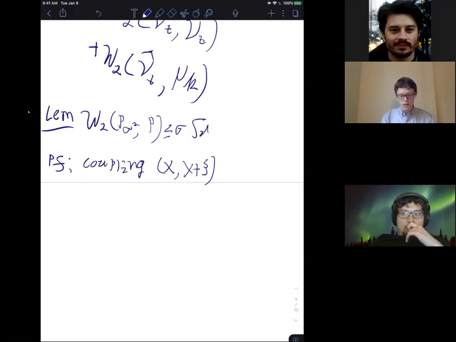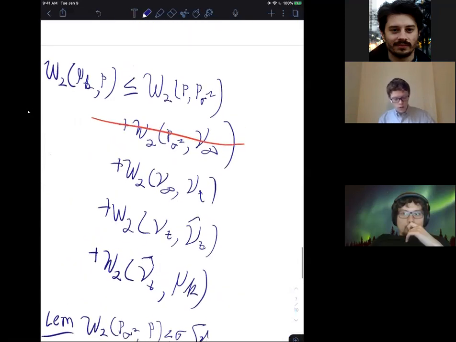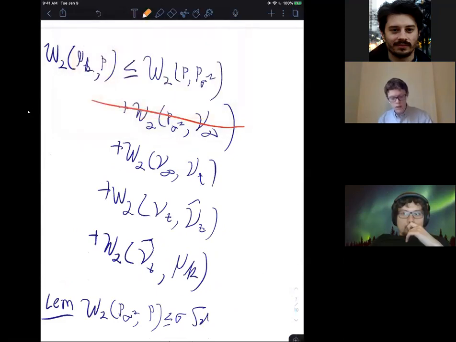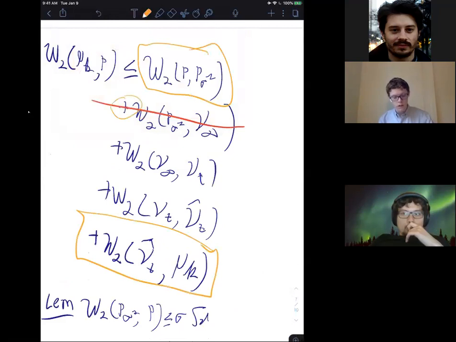It's clear that the standard deviation of g sigma squared is just sigma root d, so this suffices. So we've taken care of this. This is done. We are ignoring this, and this second term is 0. So now we have two terms to look at.